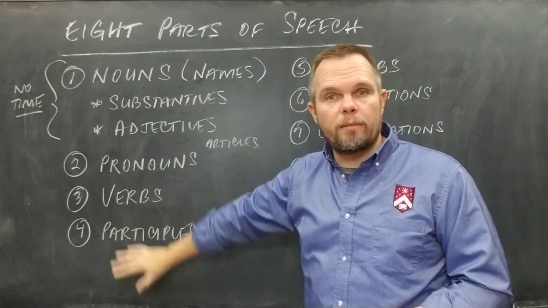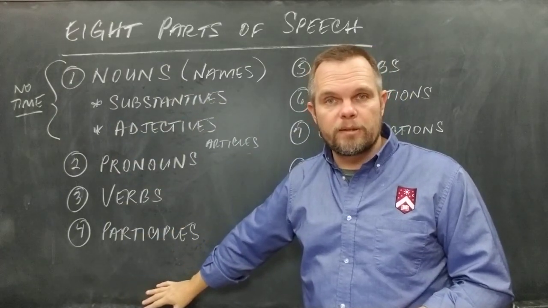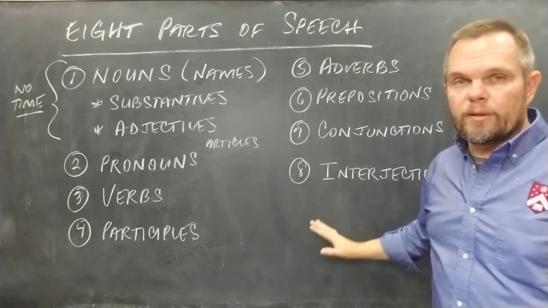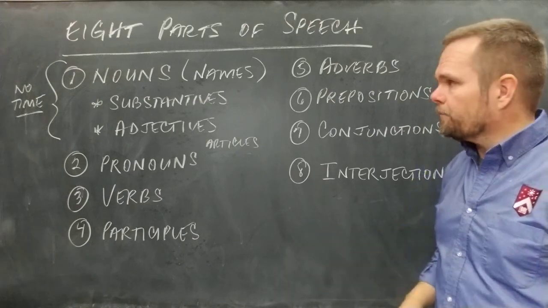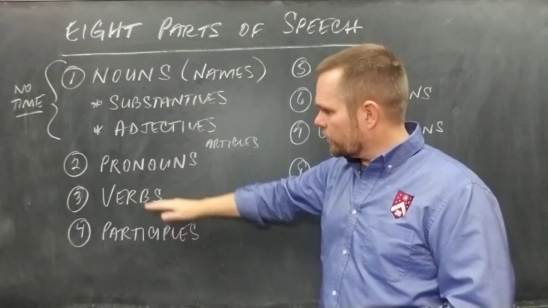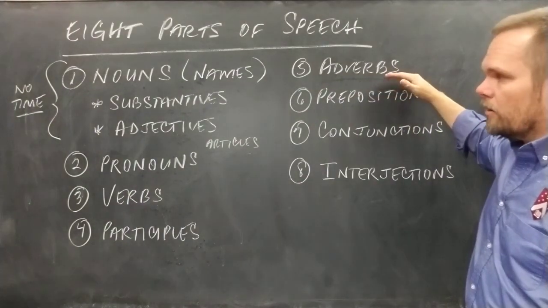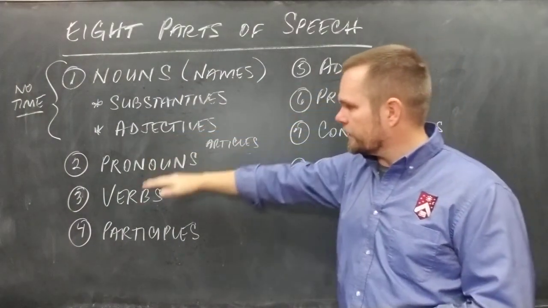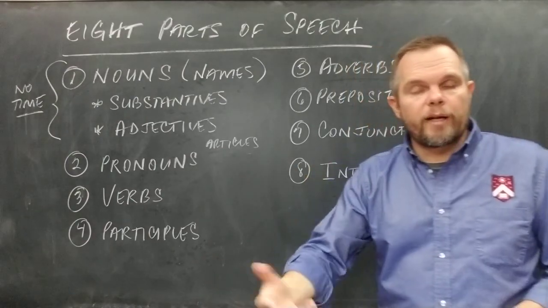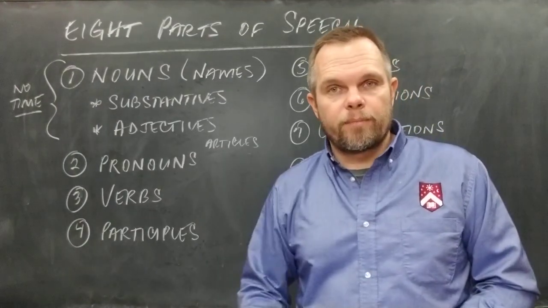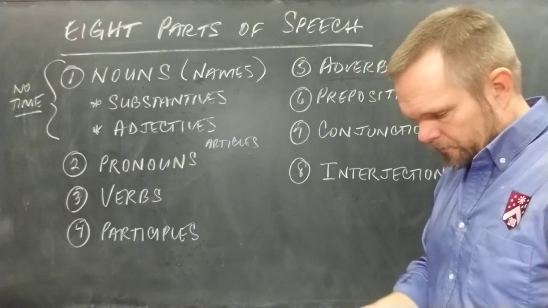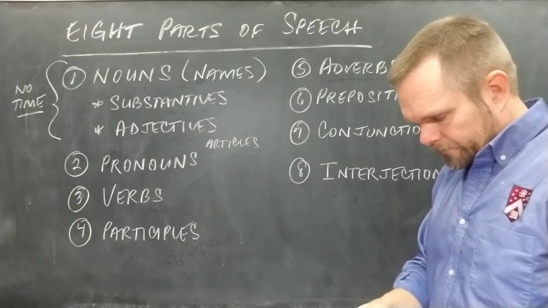These have more than one form that needs to be studied. These have only one form. Okay, so we've learned the first 4 parts of speech, and we've also learned adverbs. Adverbs are words that are added to adjectives and verbs to clarify or add to the meaning of those adjectives and verbs. Let's keep going here.